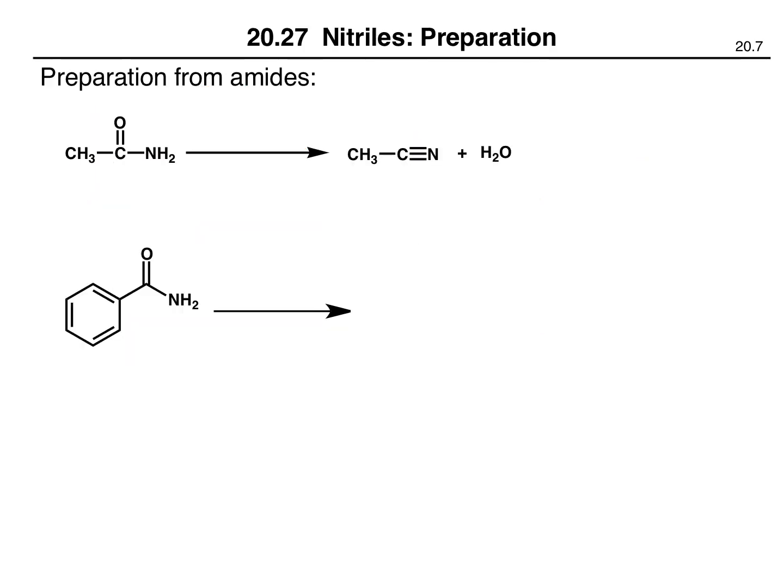Another way to make nitriles is starting with amides. And so an amide can undergo a dehydration. So we're losing H2O to give a nitrile.